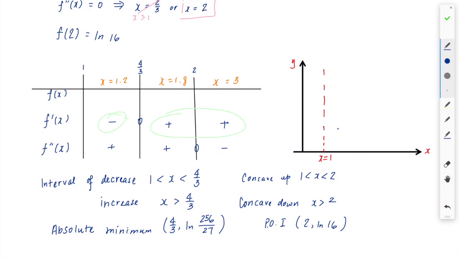This is a local min. And then 2 is about here, somewhere here. We have the POI. So decreasing, increasing, change. And here is a sketch of f of x.